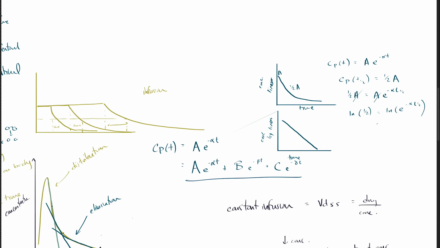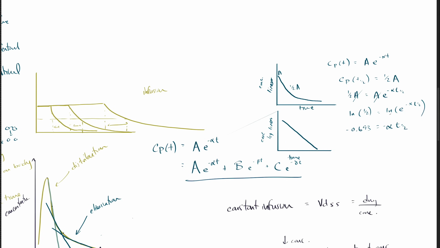And when you apply ln e, you bring down everything. Negative alpha t1 half. We'll just erase that. T1 half. And this ln of half is negative 0.693.